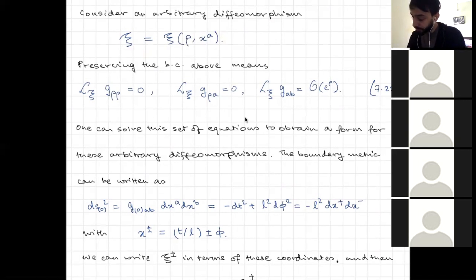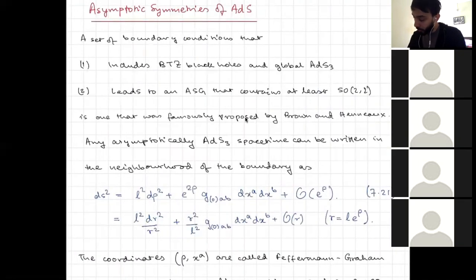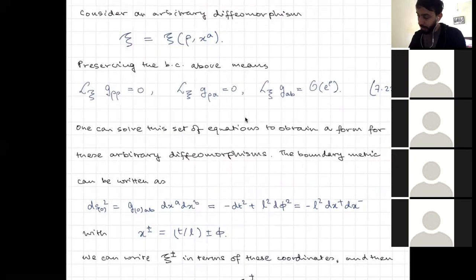So the part that you have to actually work out for yourselves, and you will see that this essentially means the Lie derivative on the different parts of the metric will have to preserve the structure which you have fixed.